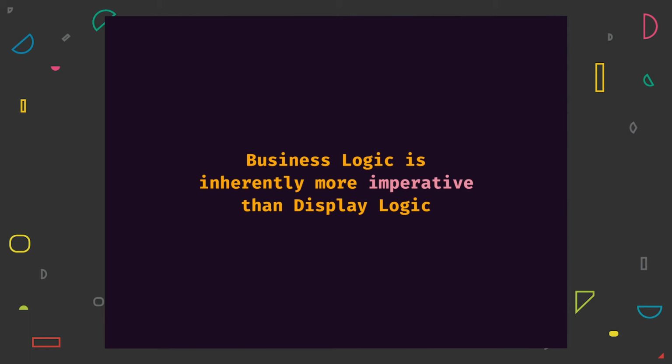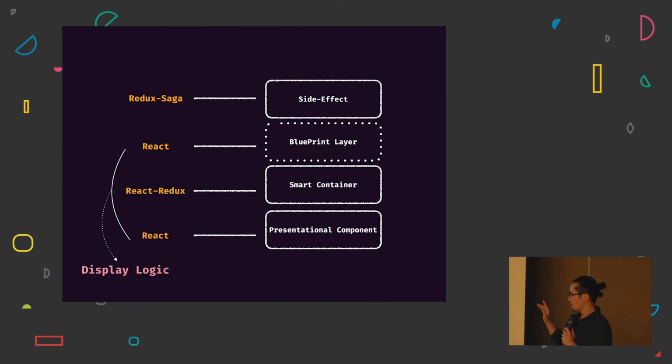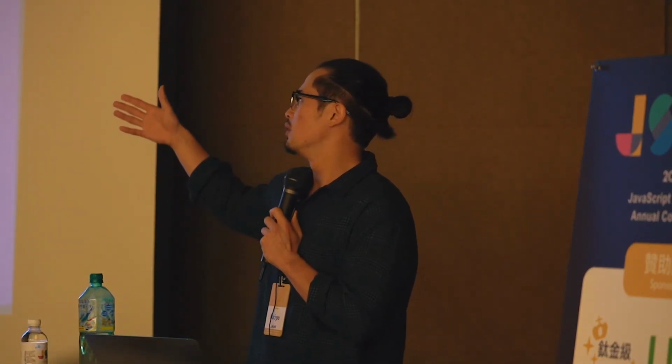And display logic, we think, is perfectly matched to declarative styles. So you can put in your layers, use your presentational components and smart containers to handle that display logic. And as for Redux Saga, instead of letting it only handle the side effects, we want it to be more well-defined, to handle the whole business logic for us.